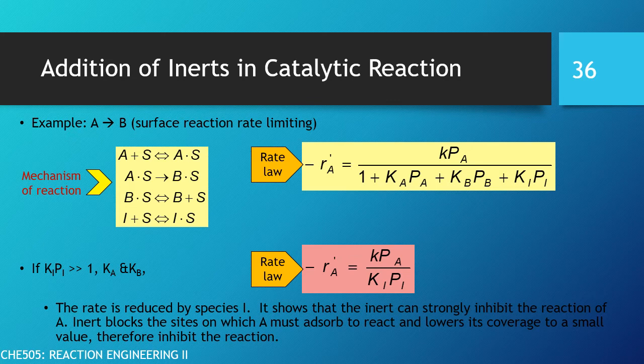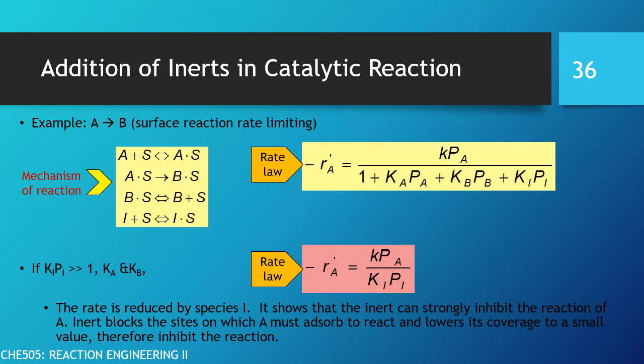In the first rate law, the denominator is quite long: 1 plus K_A P_A plus K_B P_B plus K_I P_I. How to derive this rate law? I will show it in another example video.